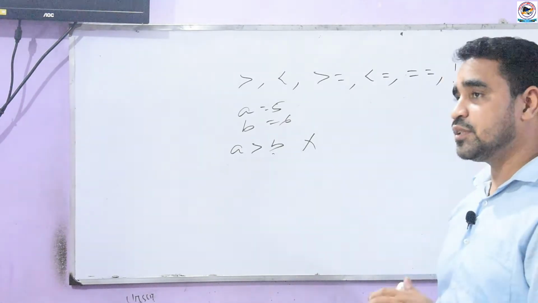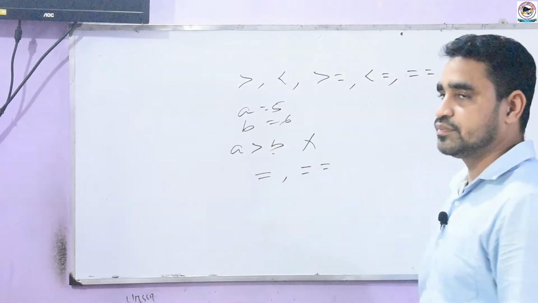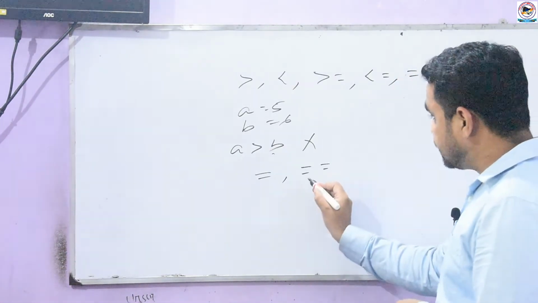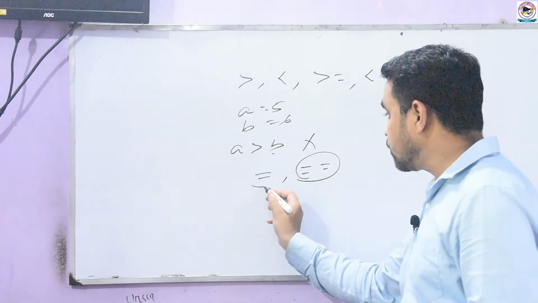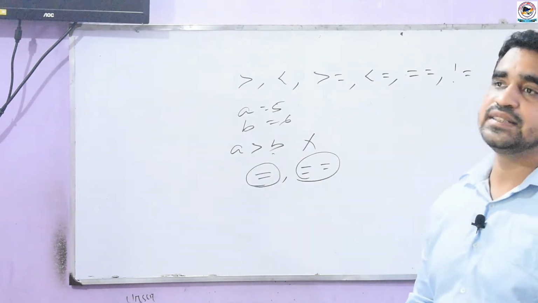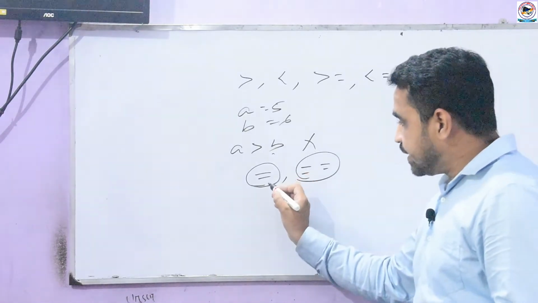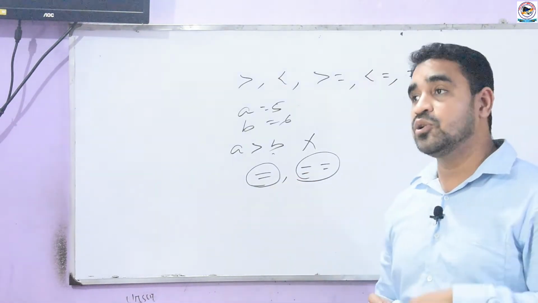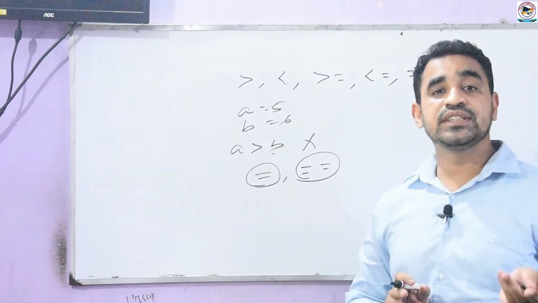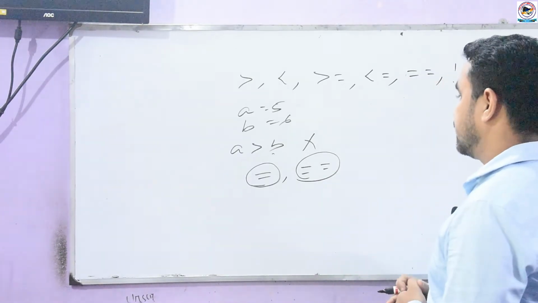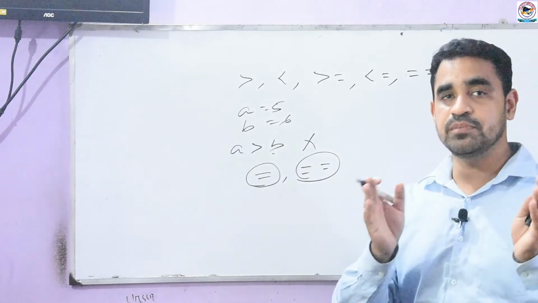There is a little difference, and it is an interview question in different software sectors. What is the difference between is equal to and double equal to? Here double equal to is a relational operator and is equal to is an assignment operator. It is used to assign the value to the variable, but double equal to is used to compare the value of the variable with another value.